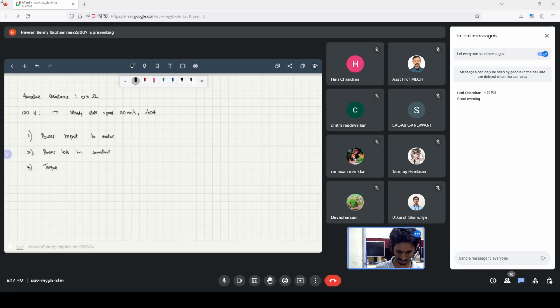The power loss in the armature: we are told that there's 40 amperes of current into the circuit, and we have 0.5 ohms of resistance here.